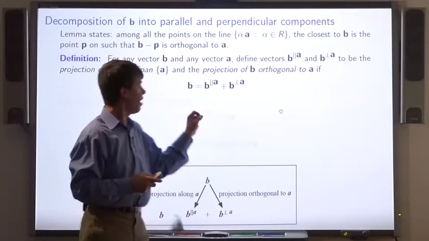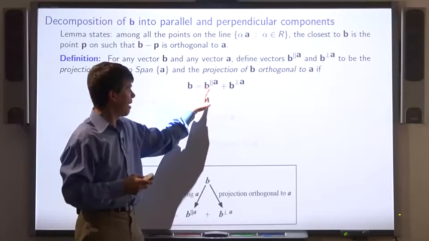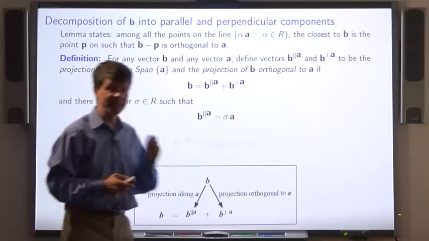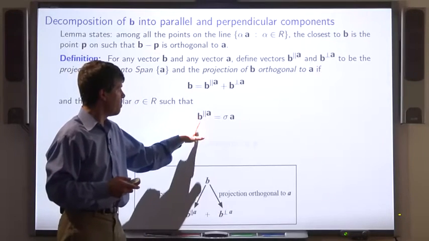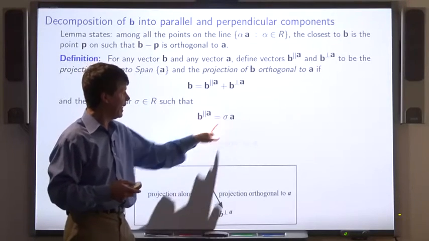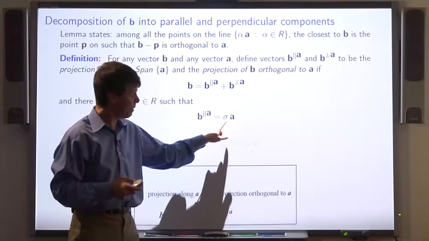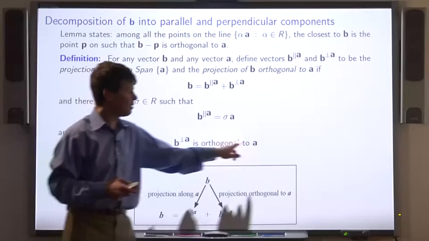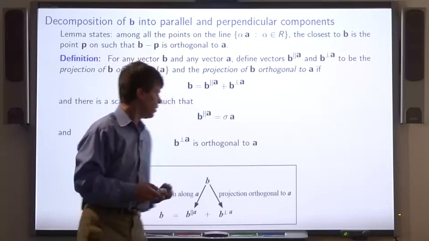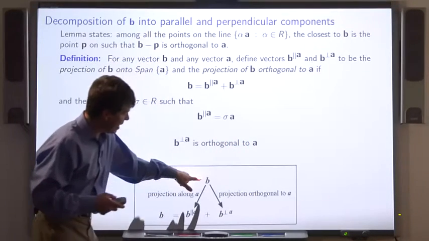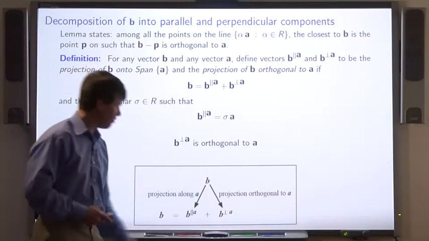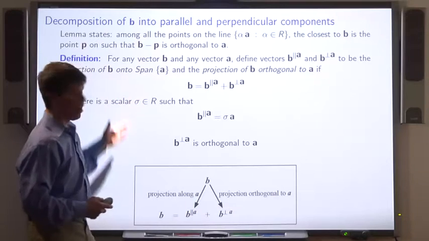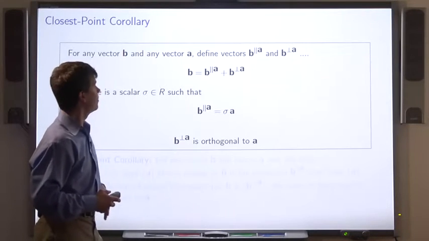B has to be the sum of B parallel and B perpendicular. And there has to be a scalar sigma such that B parallel is sigma times A. And finally, B perpendicular has to be orthogonal to A. So you should think of this as breaking B up into a sum of two parts, B parallel and B perpendicular, satisfying these properties.